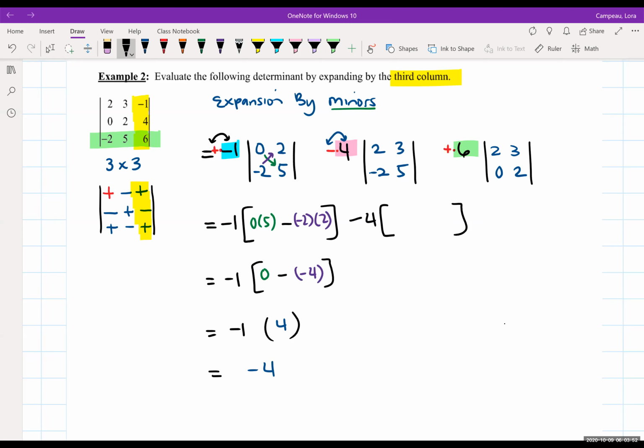So let's see. We have 2 times 5, we're going to subtract off -2 times +3. So if you'd like, we can carry that down and do the math. 2 times 5 is 10.